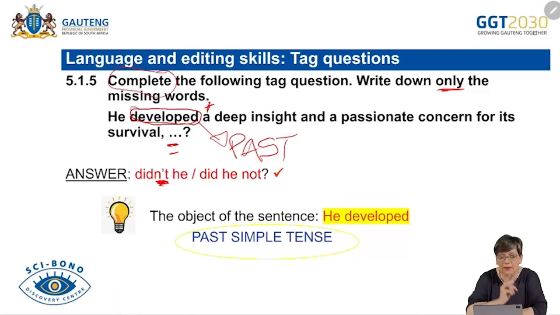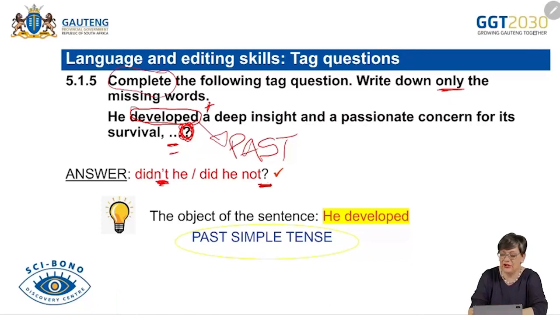Right. Be on the lookout. Sometimes they don't include the question mark. They might only say to you, change the following sentence into a tag question. Then you have to know, I have to add the question mark. Just be on the lookout for that one.